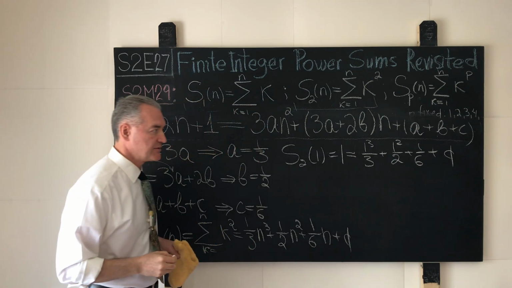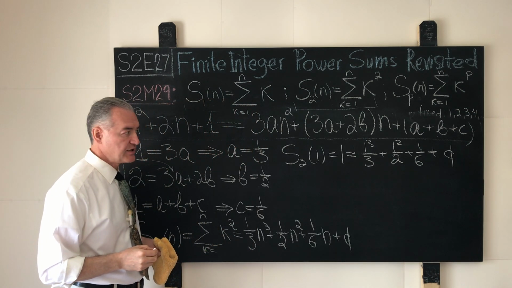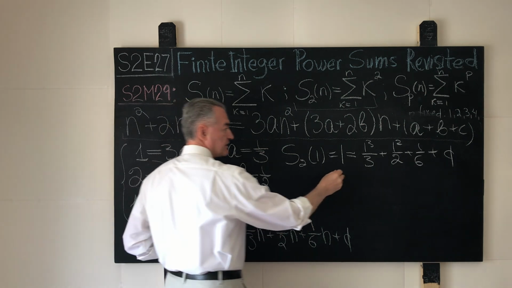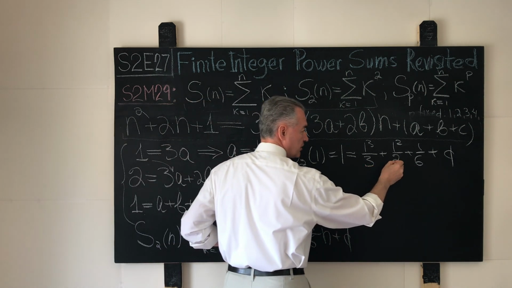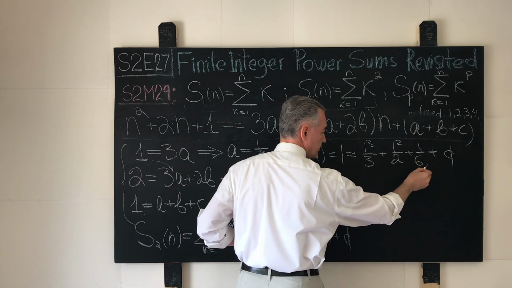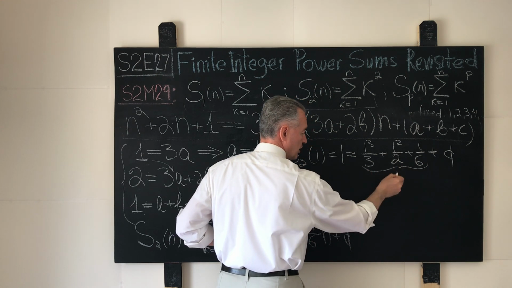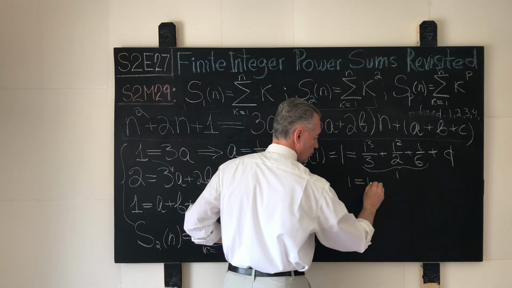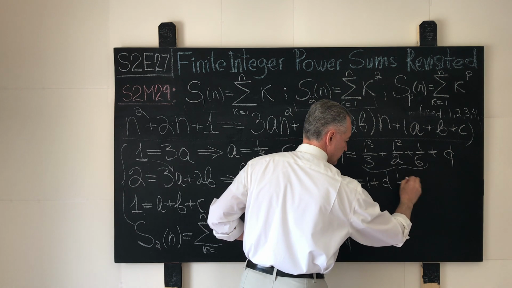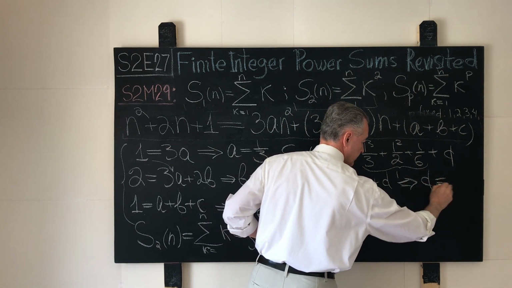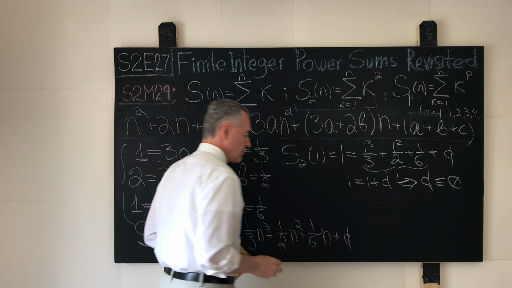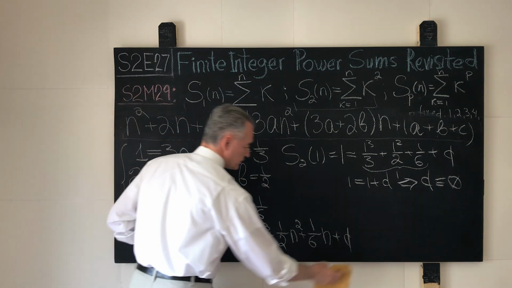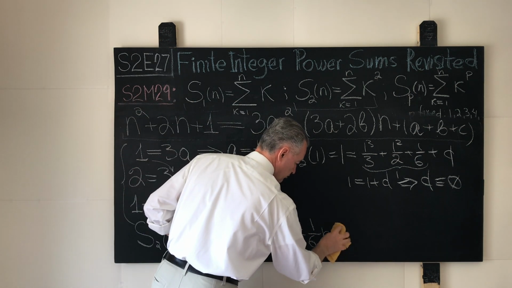And what does that observation tell us? This observation tells us that 1/3 plus 1/2 plus 1/6 is 1. This is precisely 1. So now we have 1 is equal to 1 plus d, and this implies what? That d is again a big fat 0. And now we don't really have to write it down over here.